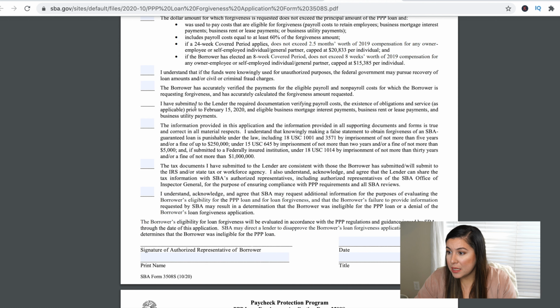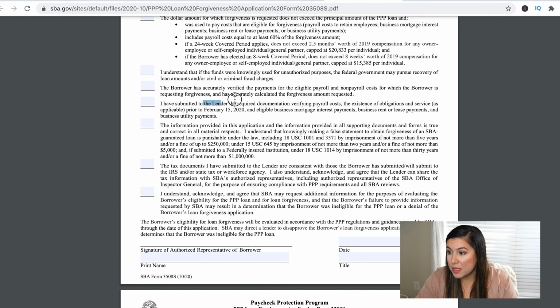I have submitted to the lender the required documentation verifying payroll costs, the existence of obligations and service, as applicable, prior to February 15, 2020, the eligible business mortgage interest payments, business rent or lease, and business utilities.